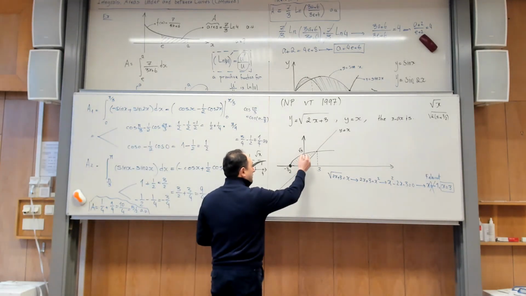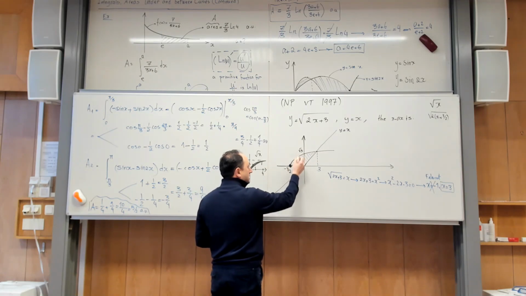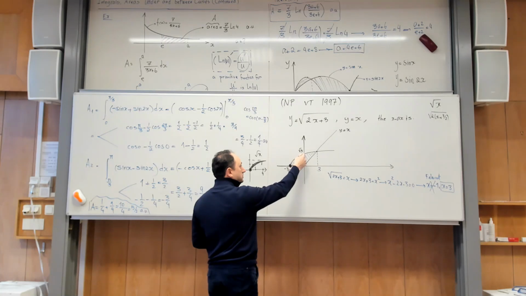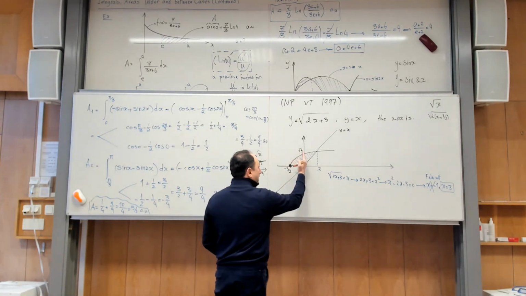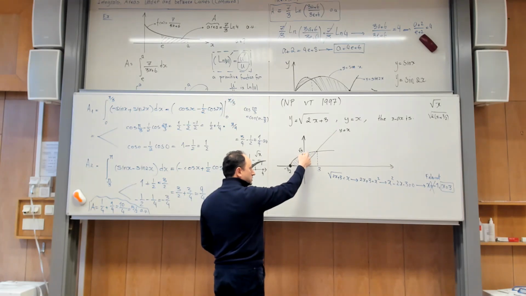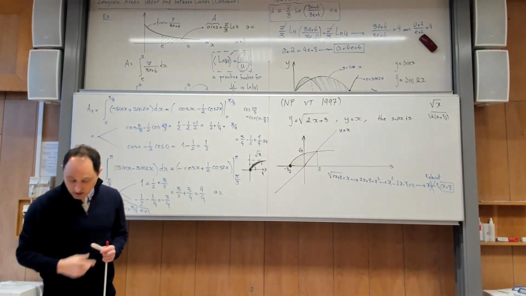If you are in this region, the area is between the x-axis and this curve. So this part, the area is below this curve, is under this curve. But when I pass this threshold, this area is no longer below this. It is below this one, but above this one. So this part becomes the area between two curves. Yes? So this is extremely important.